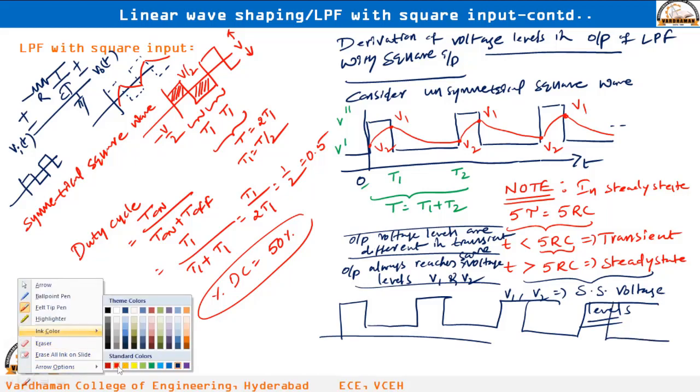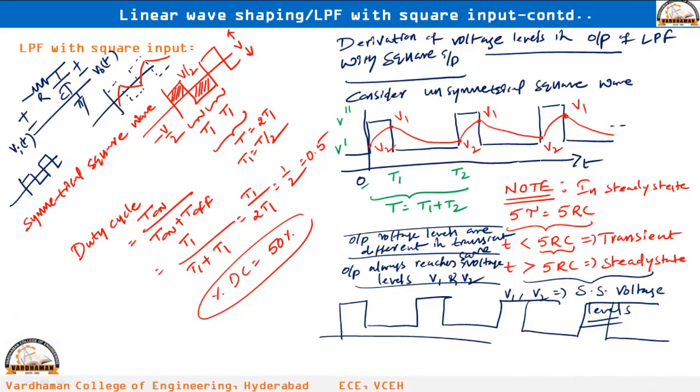So what will happen is the output starts at 0, for example, charged up to this value, then discharging, then charges to some other value. You see this voltage level is different from this voltage level, then it is discharging like this. Previously it discharged to 0, 0 in the sense this lower level, but now it is discharged to some other level.